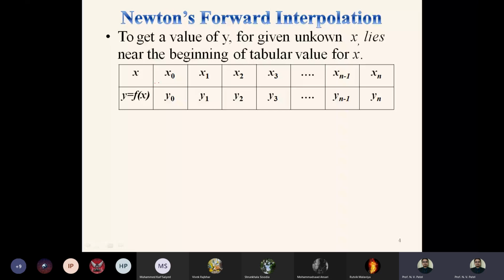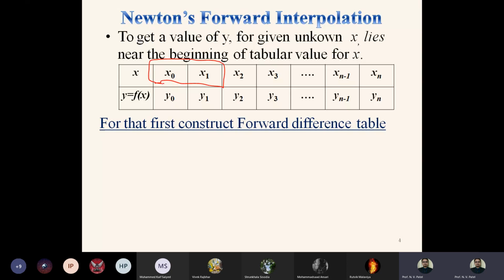If it is at the end of the tabular values, Newton's backward interpolation, that is our next method, is applied. एंड में है तो न्यूटन बैकवर्ड अप्लाई करेंगे. अगर हमारा अननोन एक्स स्टार्टिंग में है तो न्यूटन्स फॉरवर्ड इंटरपोलेशन अप्लाई होता है.